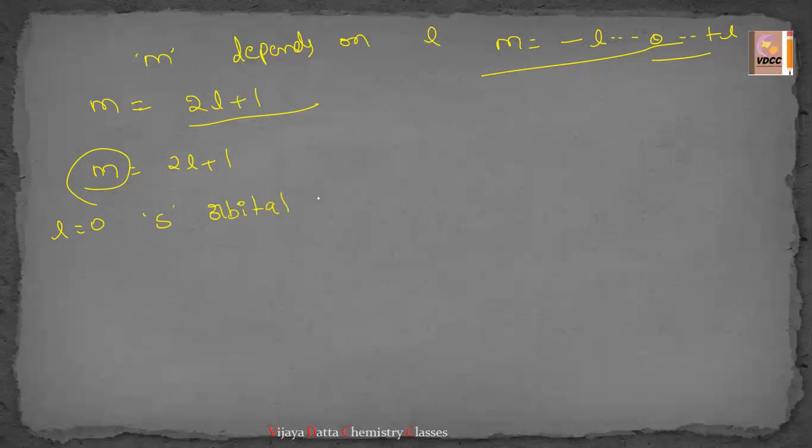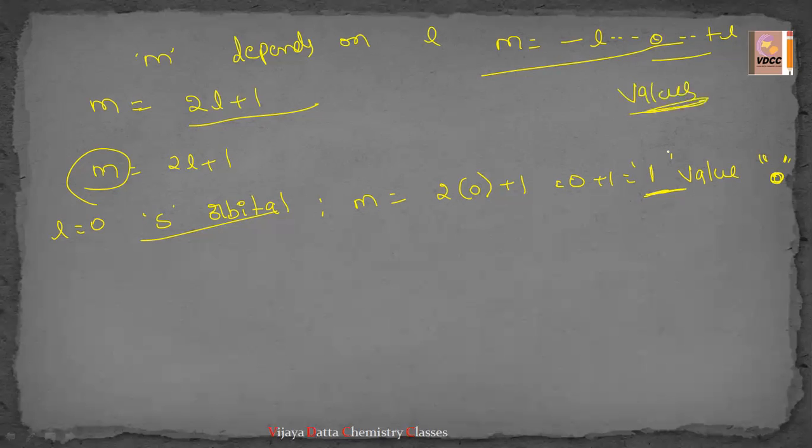So m equal to 2 into 0 plus 1, which is 1. That means m has only one value when l equal to 0, in the s orbital, and that value is 0. That is, m has minus l to plus l including 0 values, so it has only one value, which will be 0.